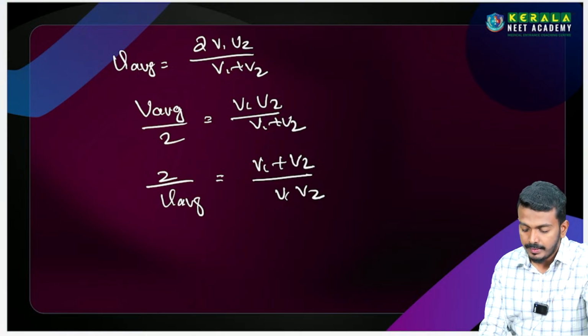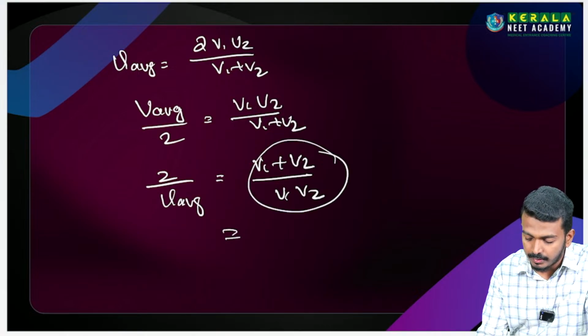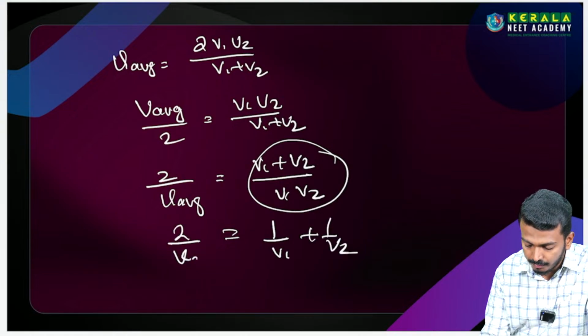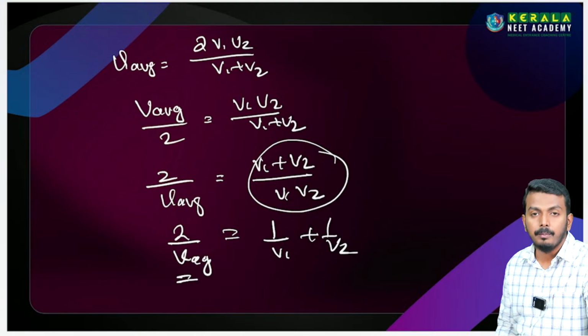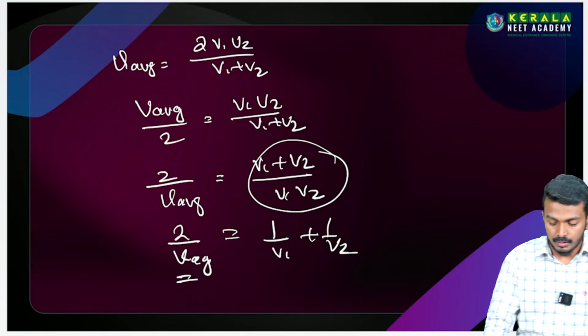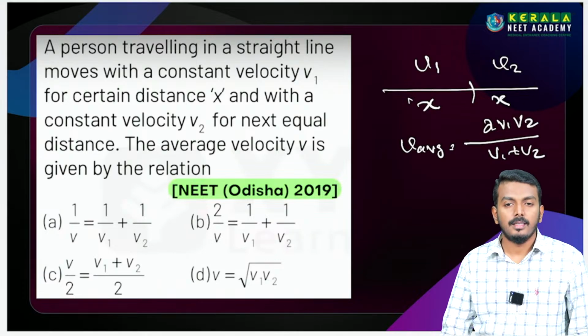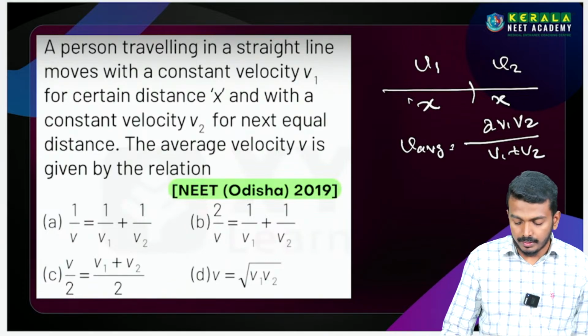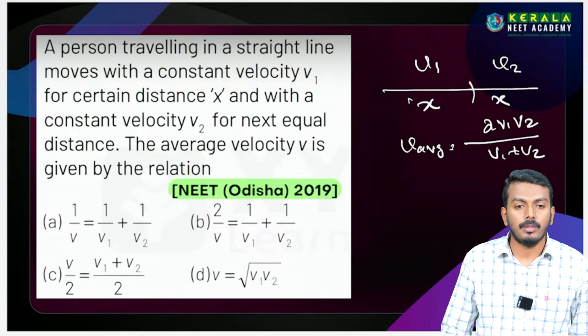That means this term is 1 by v1 plus 1 by v2. So 2 by v average is equal to 1 by v1 plus 1 by v2. Then which option is correct? Yes, the second option.